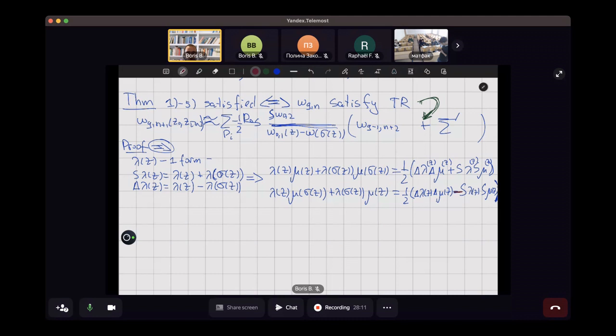I have only one variable now, w, omega 0,2 of z1, w, times omega g,n of w, z2, etc., zn.